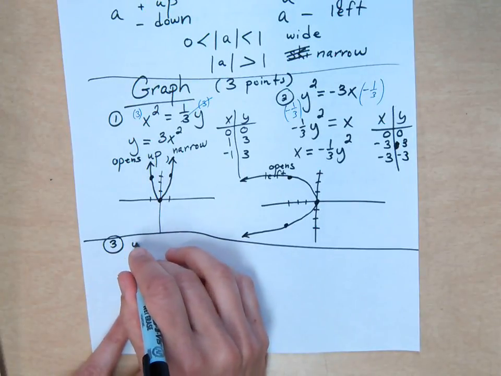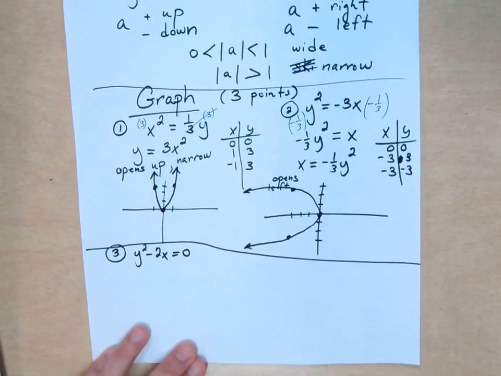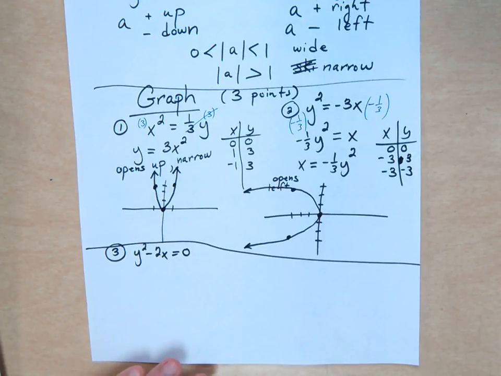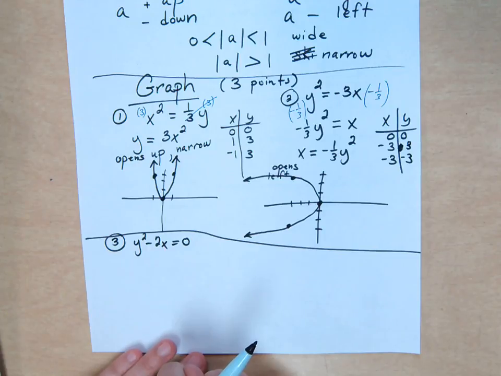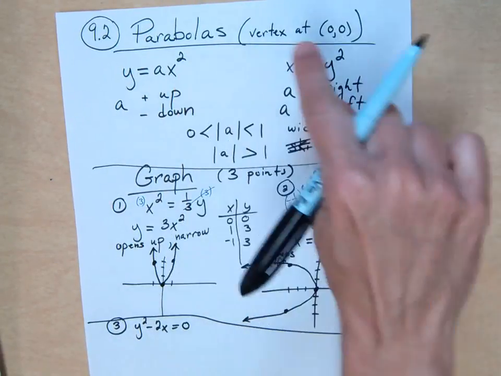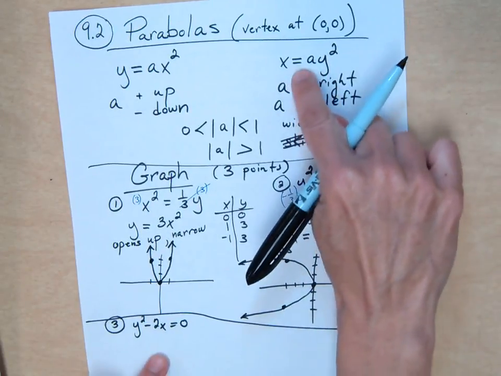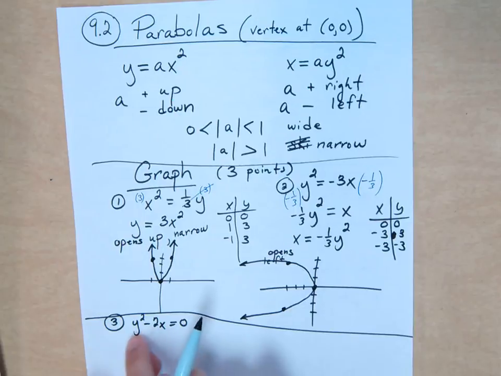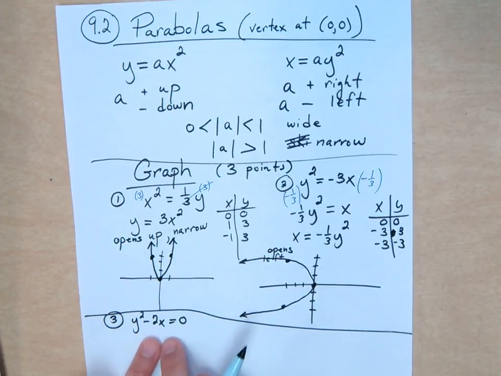So let's try y squared minus 2x equals 0. That doesn't look at all like one of the forms we have, but we can make it. Which form do we want to make it into? y equals x squared or x equals y squared? Yeah, x equals y squared, because there's an x and a y squared. So we basically got to solve for x.